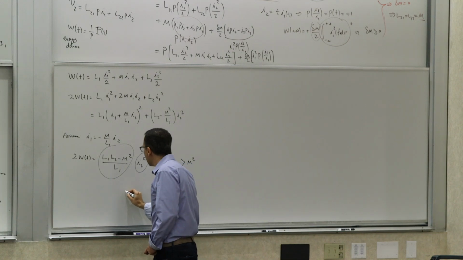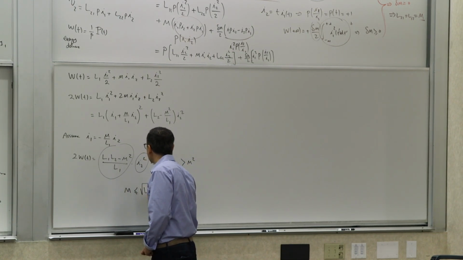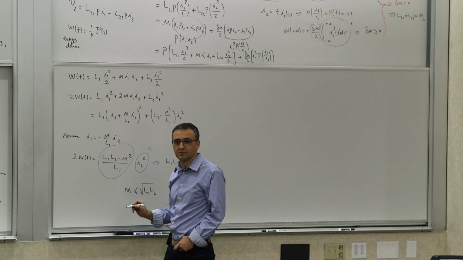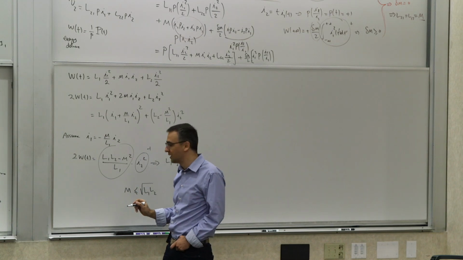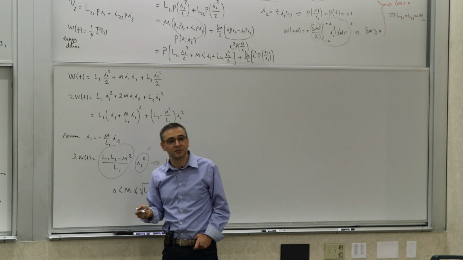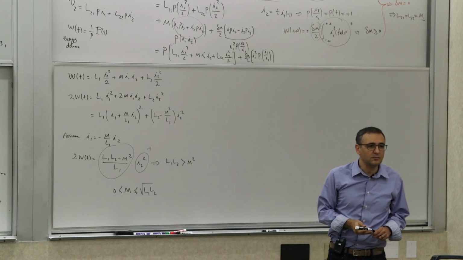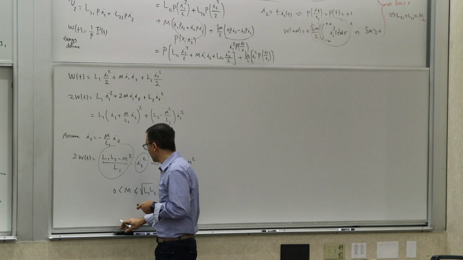In other words, the mutual inductance has to be smaller than or equal to the geometric mean of L1 and L2 for the element to remain passive. And of course, it needs to be greater than 0, but I mean the magnitude of it. So this is an important relationship, particularly this part of it.